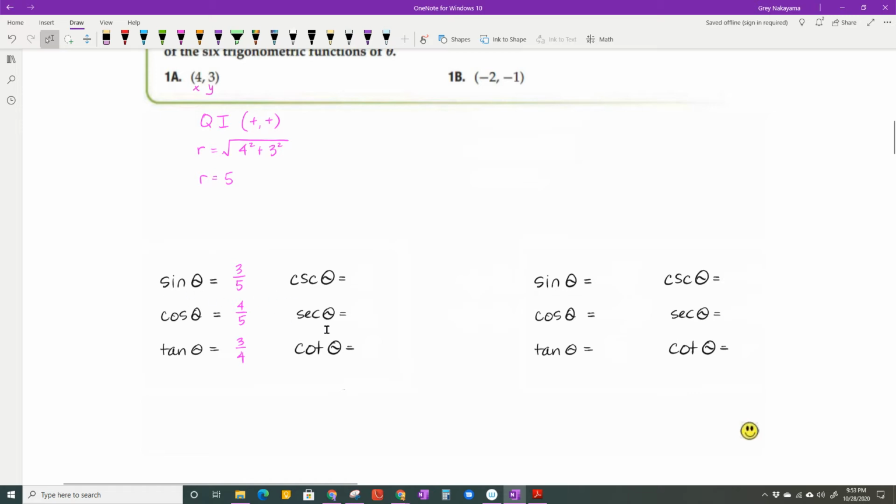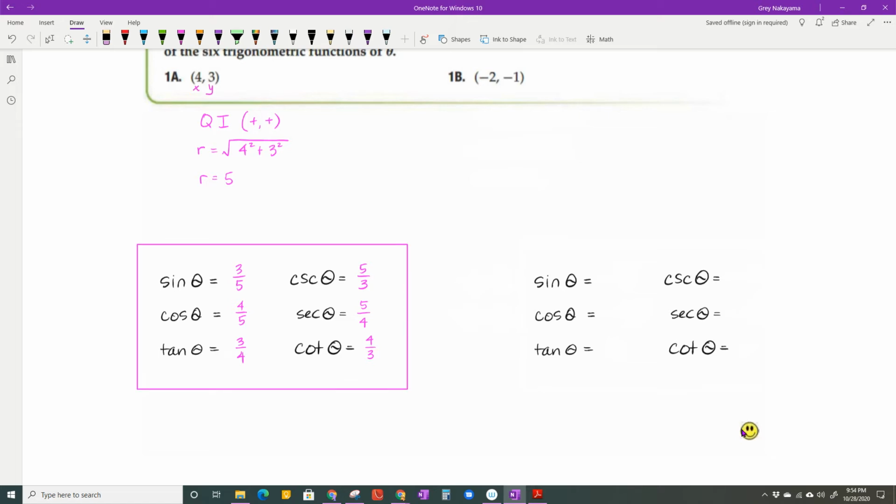So the sine and the secant don't go together. It's sine and cosecant, cosine and secant. And then nobody has trouble remembering tangent and cotangent. So I flip it, I get 5/3, flip it, 5/4, flip it, 4/3. And that's all my trig functions right there.